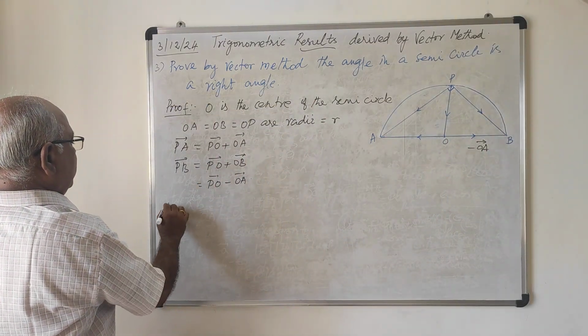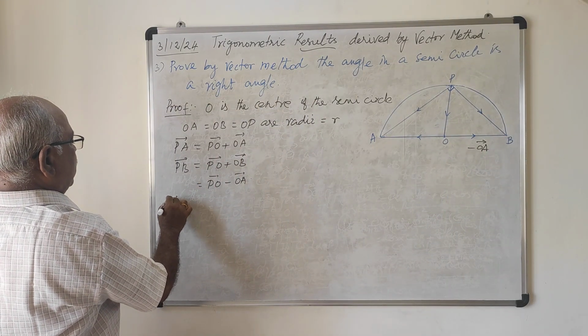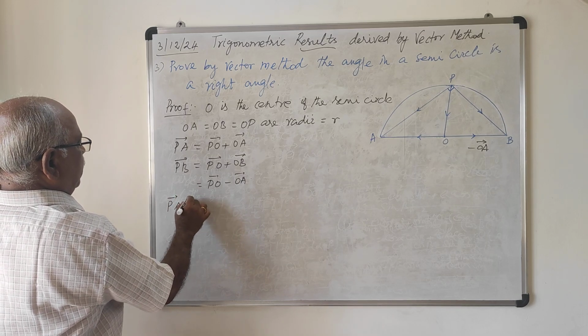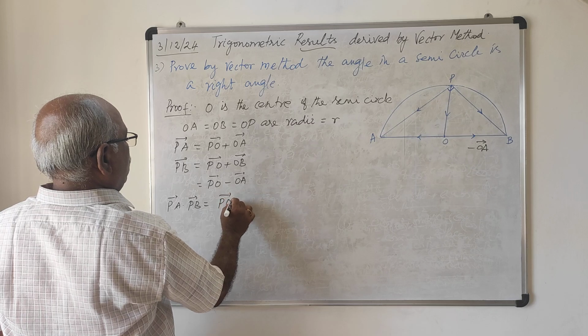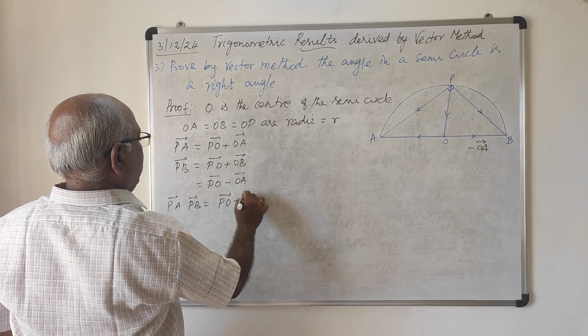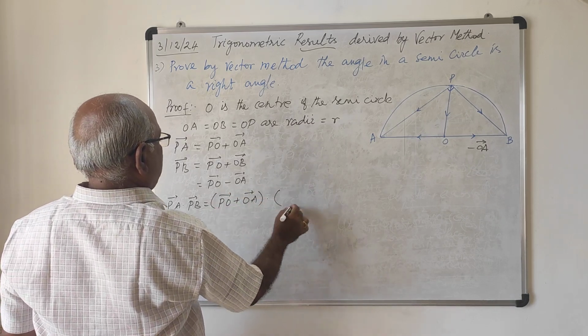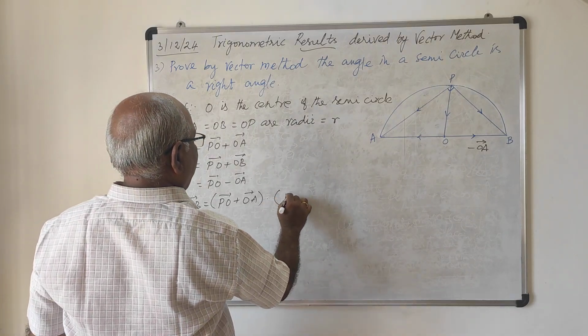So now I am taking PA dot PB, the dot product of PA and PB. PA is PO plus OA, dot PB, which is PO minus OA.